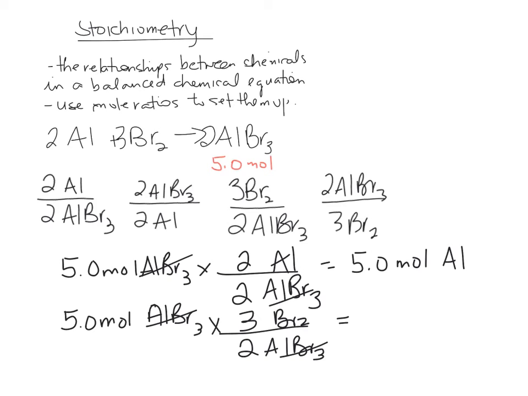Five times 3 divided by 2. You would need 7.5 moles of bromine. And if you look at the mole ratio, 3 is bigger than 2, so you do need more bromine.